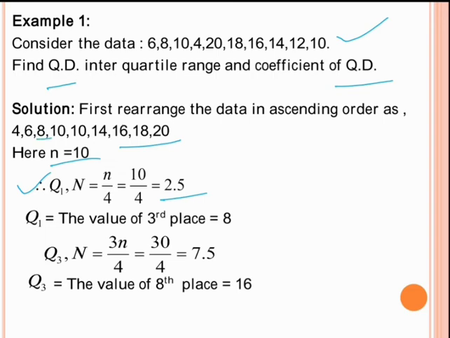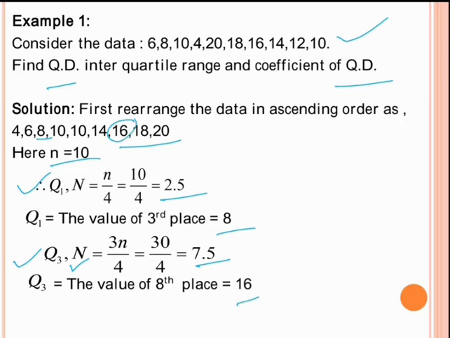So third value is 8. So your Q1 is equal to 8. Now next Q3. For Q3, capital N equal to 3 into n by 4, that is 3 into 10 by 4, which is equal to 7.5. Again, this is not an integer, so we'll take the 8th value, and your 8th value is 16.